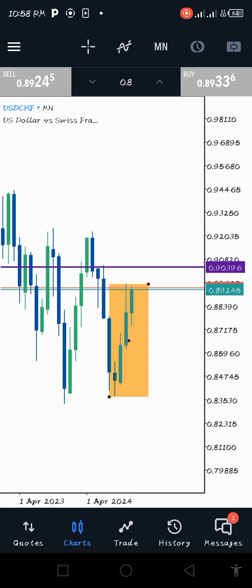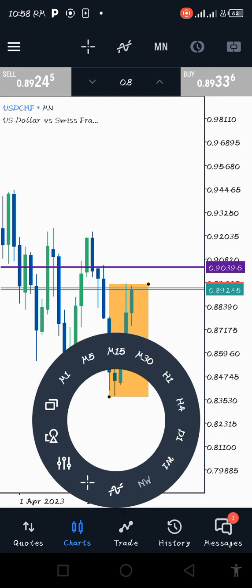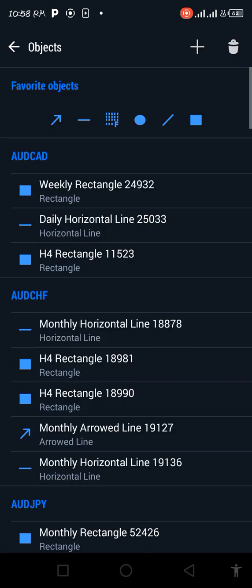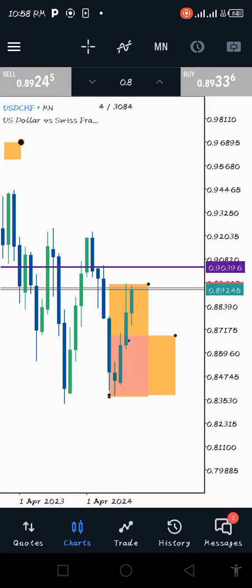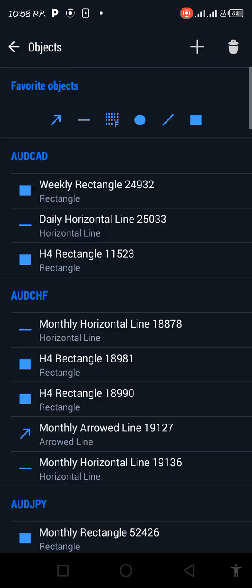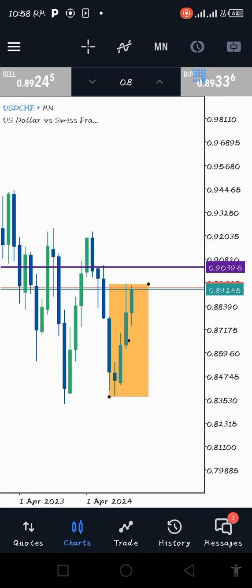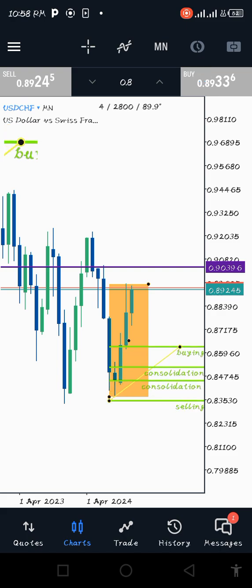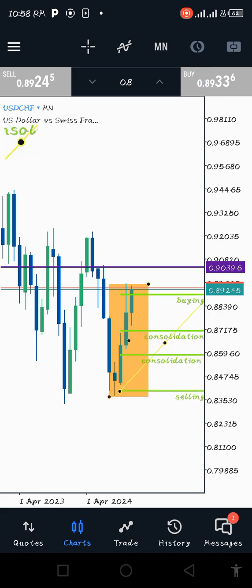How do we understand that? We take our edited fib and just place it in that rectangle from down to top. Sorry, that is not our edited fib. So we put it from down to top.